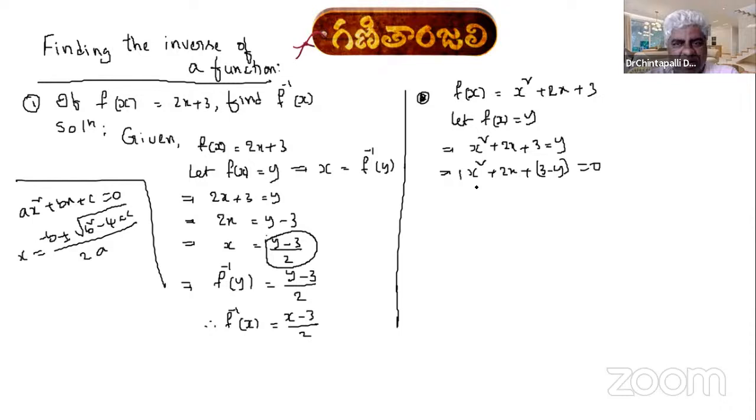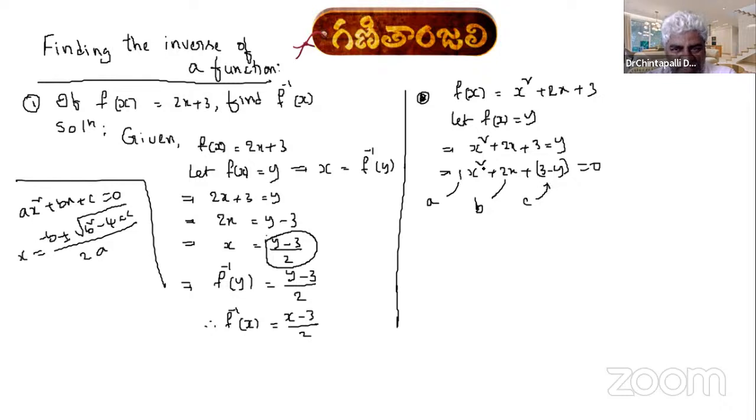Here it is 1x square, so a is equal to 1. b is equal to 2, and c is equal to 3 minus y. You may hesitate to write 3 minus y as c, because there is a variable y.